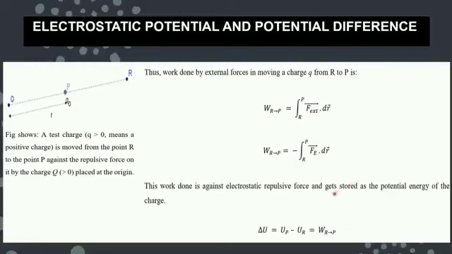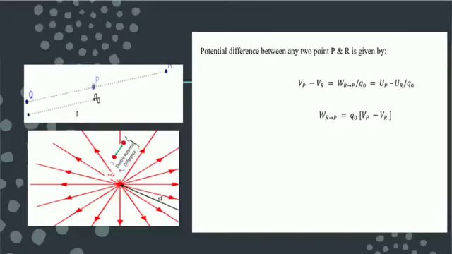Of course we will be defining all these things, and whatever is the difference here in the energy, that will be stored in the way of your potential difference. Potential difference will be equal to work done in bringing the test charge. So this is the relation between the work done and the potential difference.